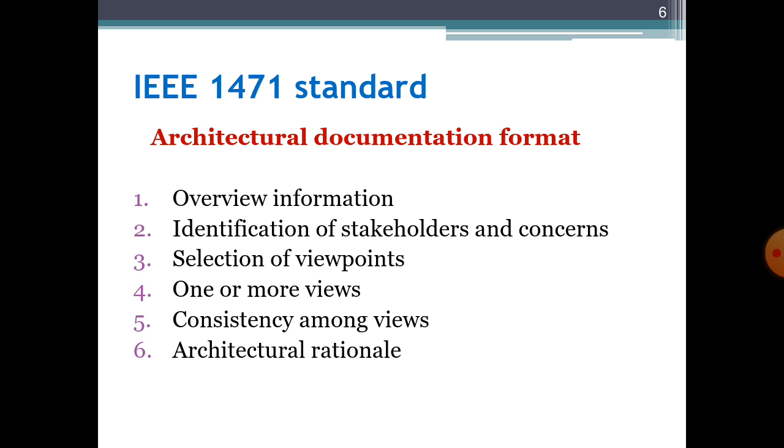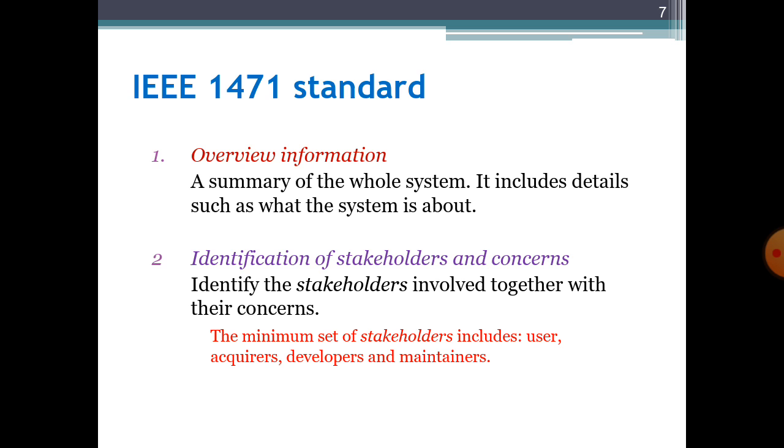Number one is overview of information. Students, overview of information is basically providing us the overall summary of the system. It also includes details such as what the system is actually about and how the system will work. So the overview of information is the number one step in the IEEE 1471 standard.